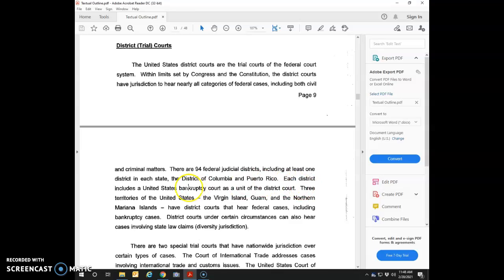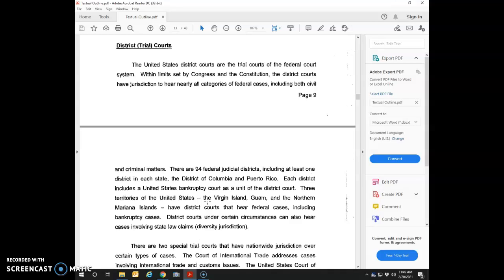I would note that each district court has a U.S. bankruptcy court part, and then there are territories that have district courts, etc. Here in New York, we have 4 federal district courts because of the population of the state. Downstate, we have the Southern District and the Eastern District.